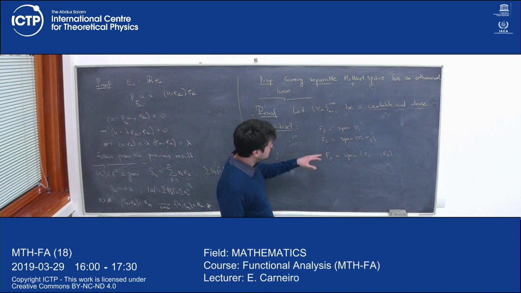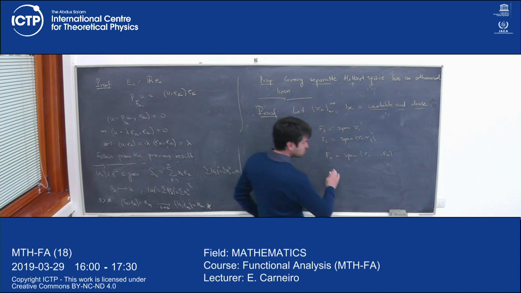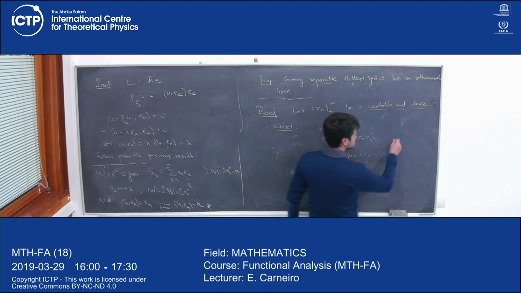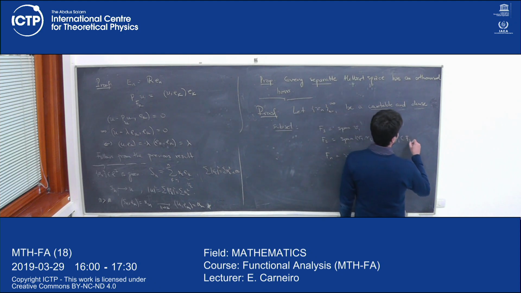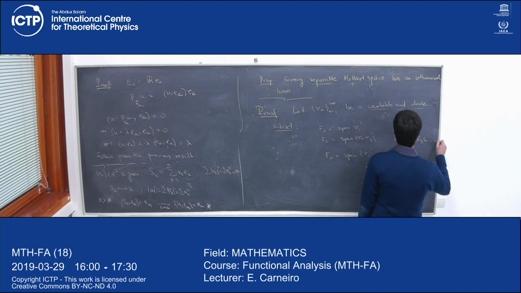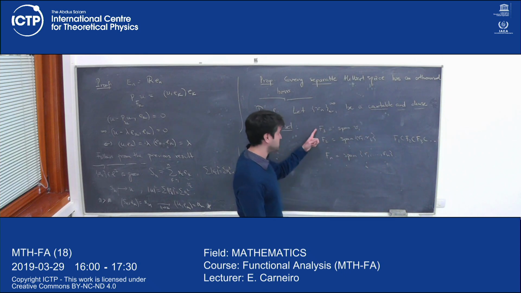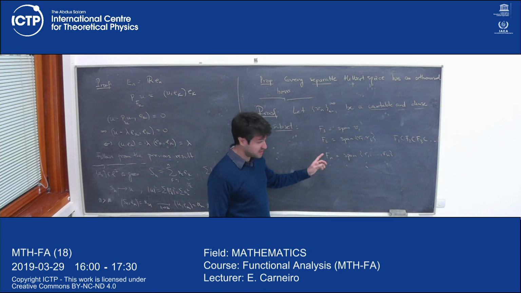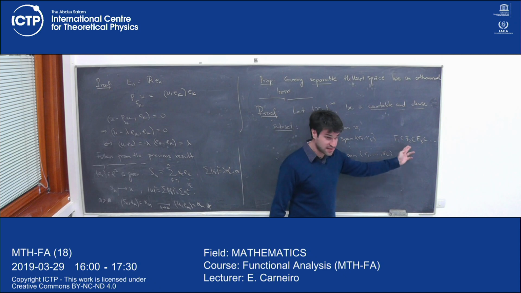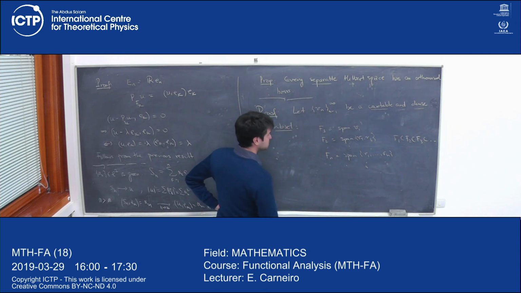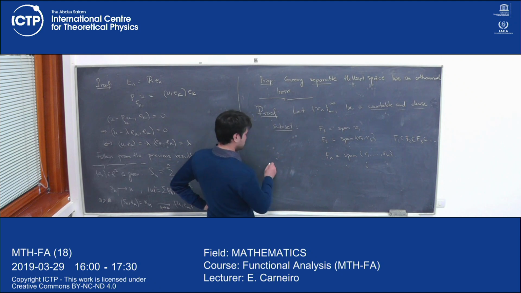When you construct it like this, you obviously get some inclusions. This guy is containing this one, which is containing this one, but there might be some that are equal here. Okay? So you just start like this.